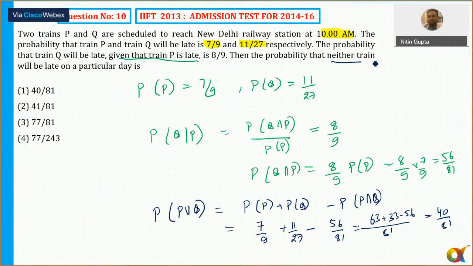The question is none of the trains are late. So none. The correct answer is option number.